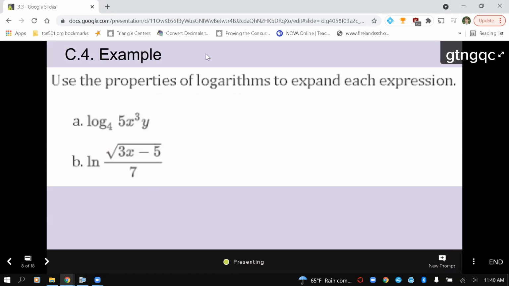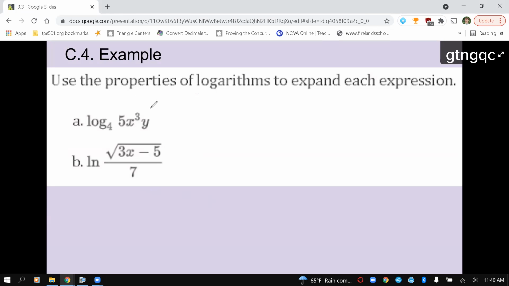Use the properties of logarithms to expand each expression. So if we're going to expand each expression, the first thing we're going to use is the product rule. I have 5 times x cubed times y. According to the product rule, if you have a logarithm of u times v, you can expand that into a logarithm of u plus a logarithm of v.